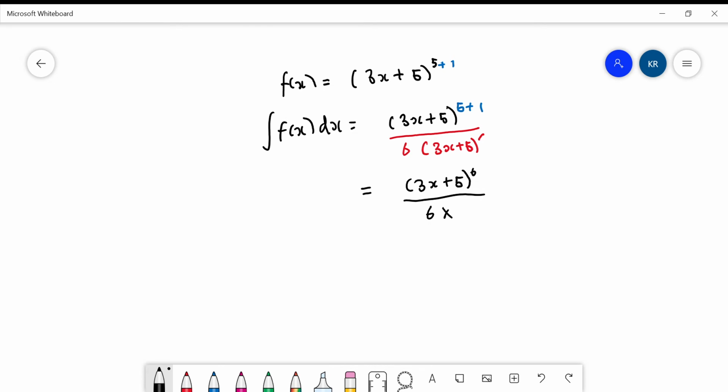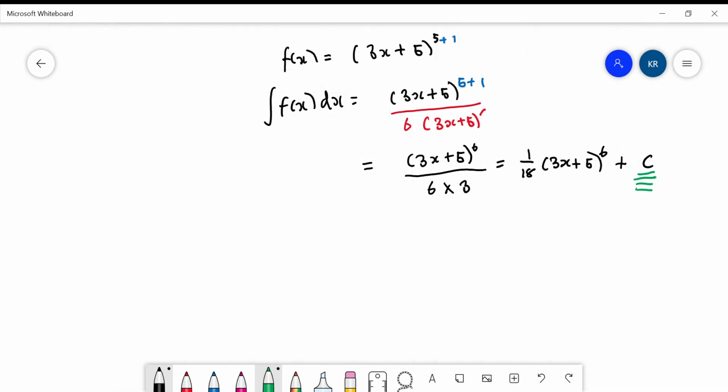So 6 times 3, and the answer becomes 1 over 18, (3x plus 5) to the power of 6 plus c. Always remember to put the c. It's important. There's always a mark for this c.